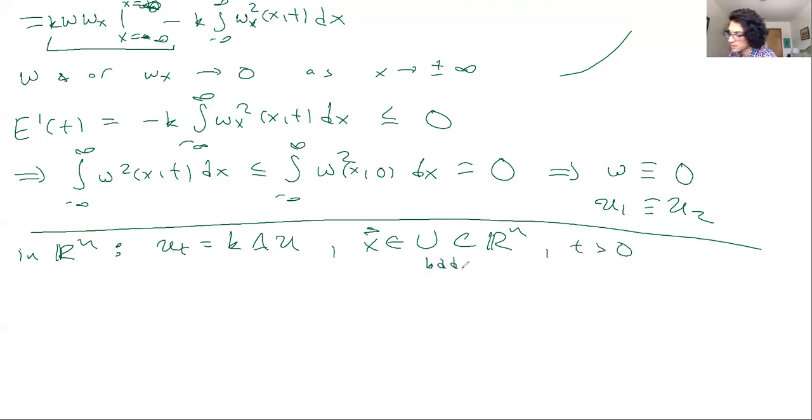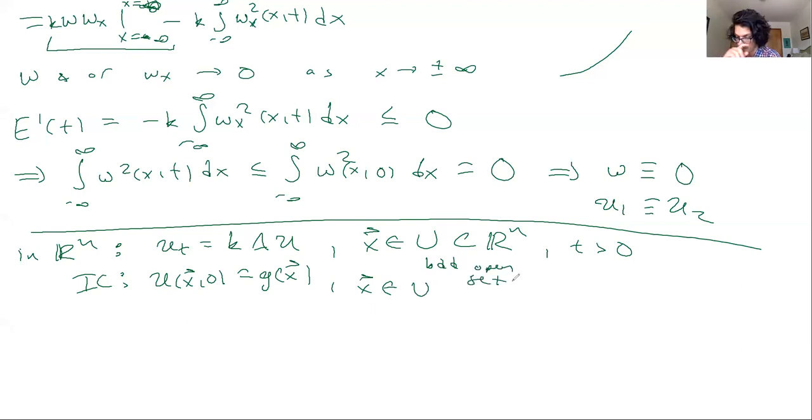So it has some boundary. We'll need some initial conditions for our heat equation, g of x, where x lives in U, a bounded open set.